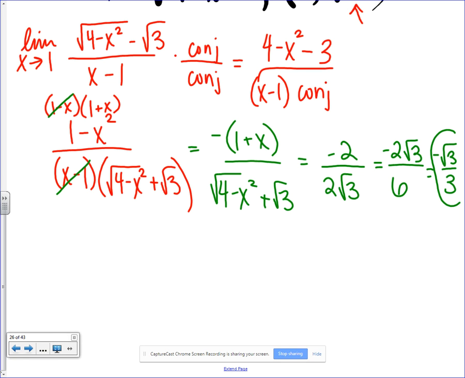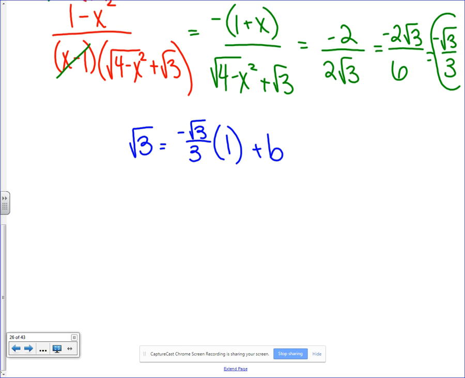Actually, for this one, it looks like I use slope intercept form. So I'll go ahead and do slope intercept form. y from my original point up there equals m times x from the original point, and I'm trying to find the b. So now all I've got to do is solve for b here.